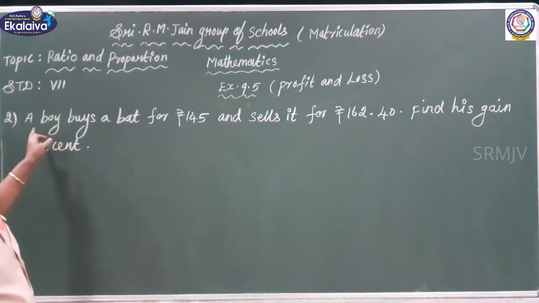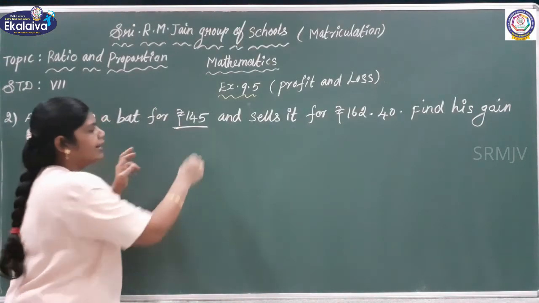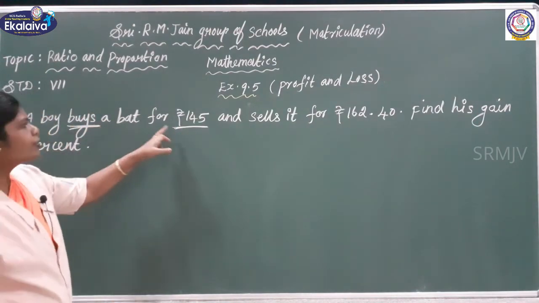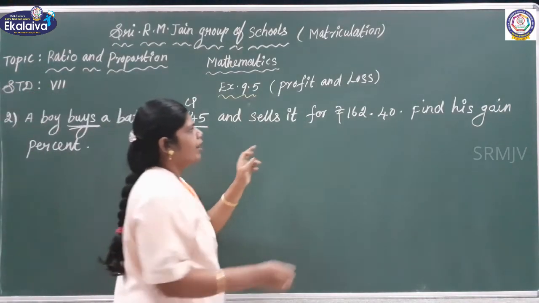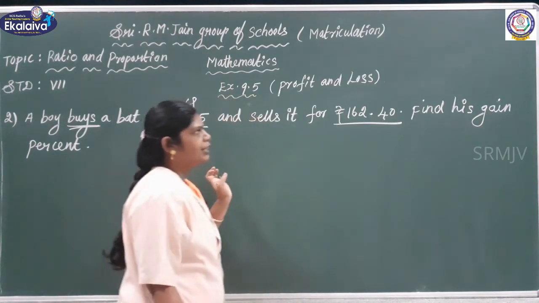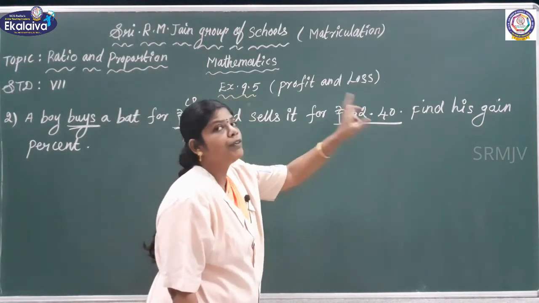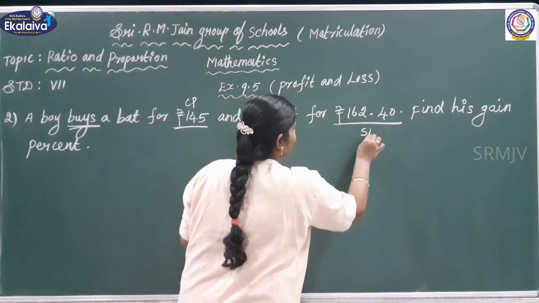See the second sum. A boy buys a bat for rupees 145. Buys. Okay. He bought the bat. Okay. So it represents cost price. And sells it for rupees 162.40. Okay. So 162 rupees 40 paise. Okay. Sells it. So it represents selling price.